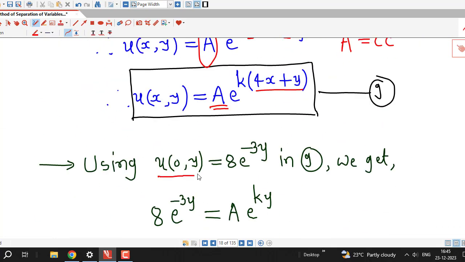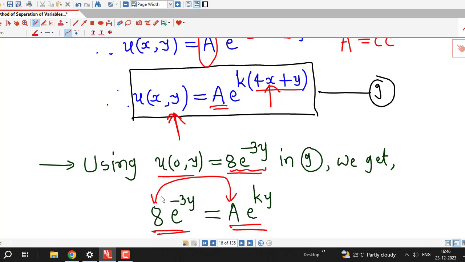Using u(0,y) equal to 8 times e raised to minus 3y, I have to put u equal to 8 times e raised to minus 3y, and I have to take x equal to 0. So I have A times e raised to ky. Now we can compare these two sides.